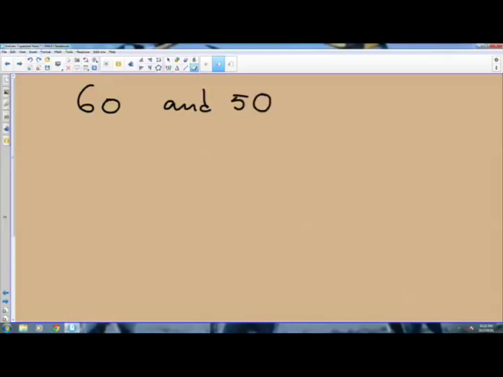60 and 50. We are to start by expressing 60 as a product of its prime factors. So 60 will be equal to 2 times 30. This will be 2 times 2 times 15.